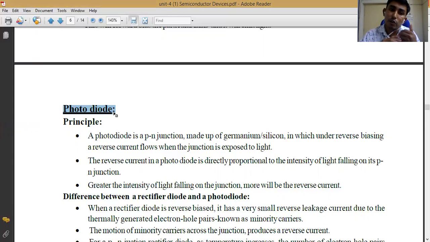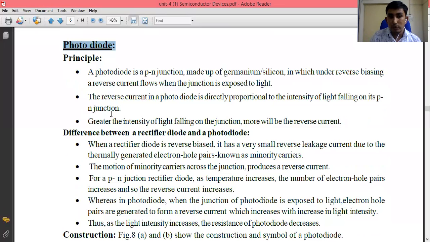If the intensity of the light is greater, then more reverse current will flow. So this special purpose diode, the photodiode, converts light into electricity. Let's see the difference between our normal PN junction diode or rectifier diode and the photodiode.